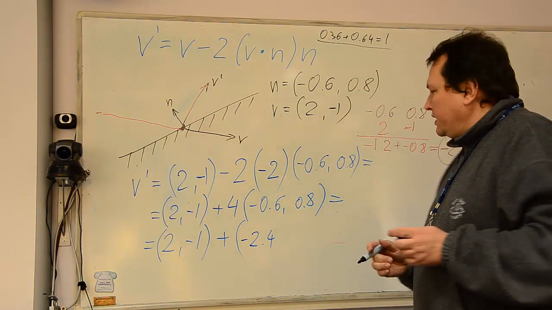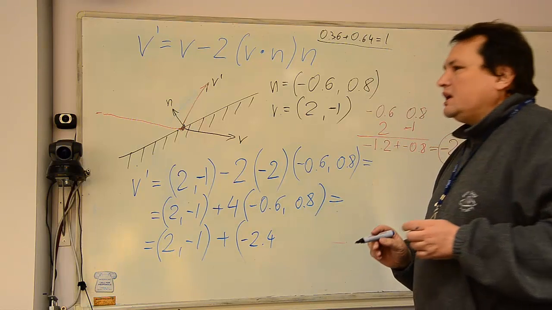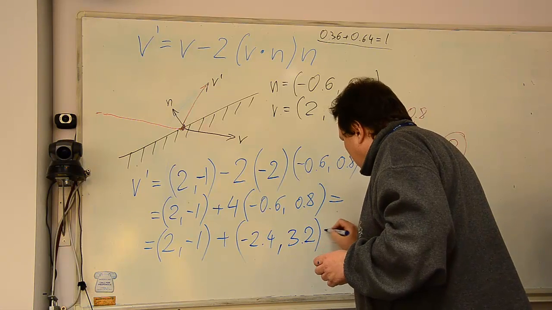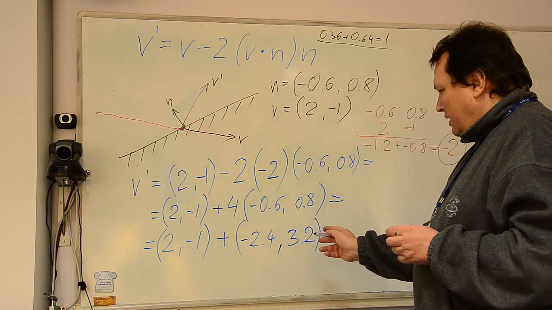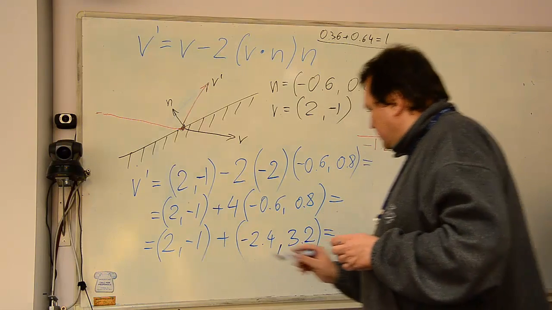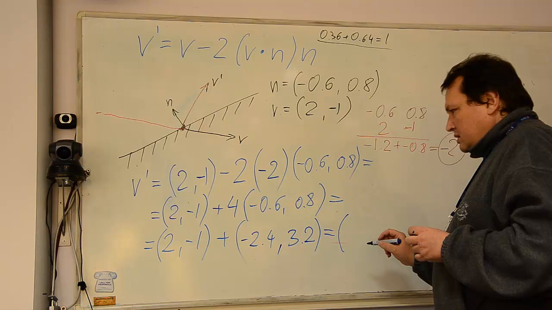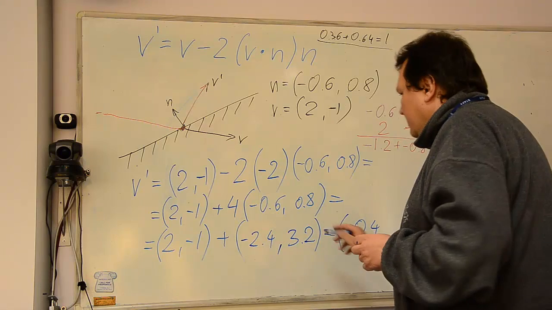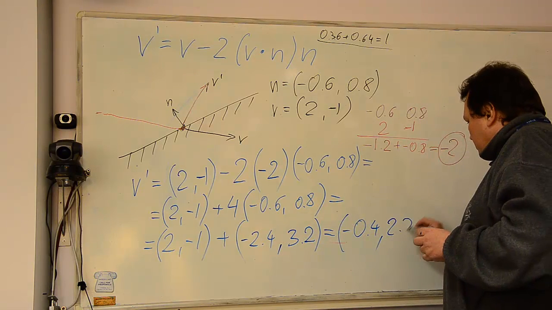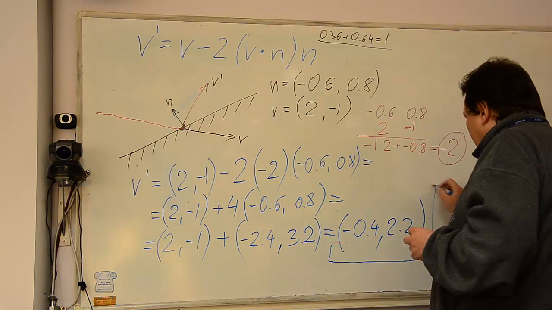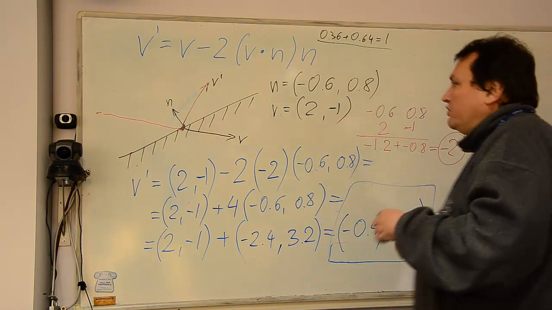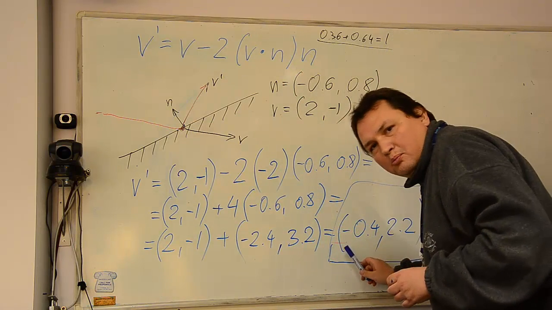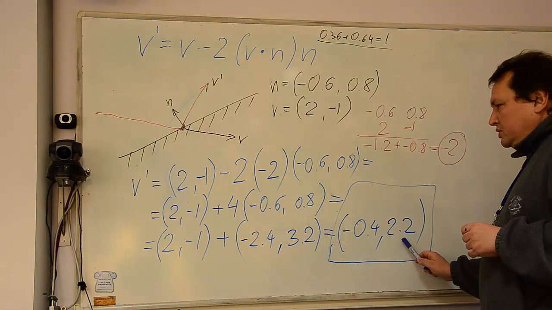You are allowed to use a calculator. 4 times 0.8, it's 3.2. And from this we nearly arrive at the result. 2 minus 2.4, it's minus 0.4, comma, minus 1 plus 3.2, it's 2.2. And this is the answer. This is v prime, the final velocity, the velocity after hitting the obstacle. It is (-0.4, 2.2).